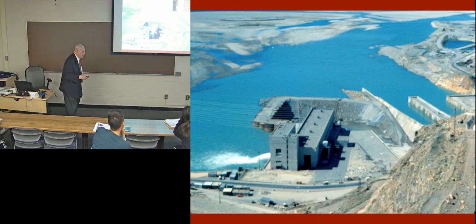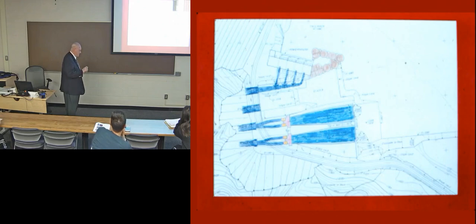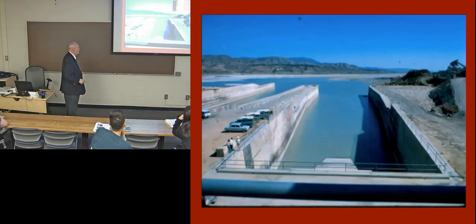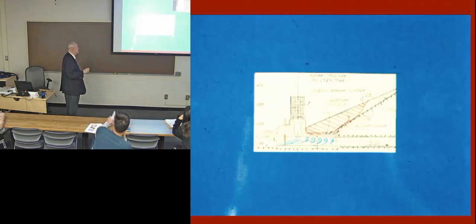Well, it wasn't on that day, but that's what happened just a few months later. So the contractor started to operate the gate, and he tried to close Tunnel 2 upstream gate. Let's see, I just show you here the downstream stilling basins for tunnels 3 and 4, because we're going to see those in just a minute.